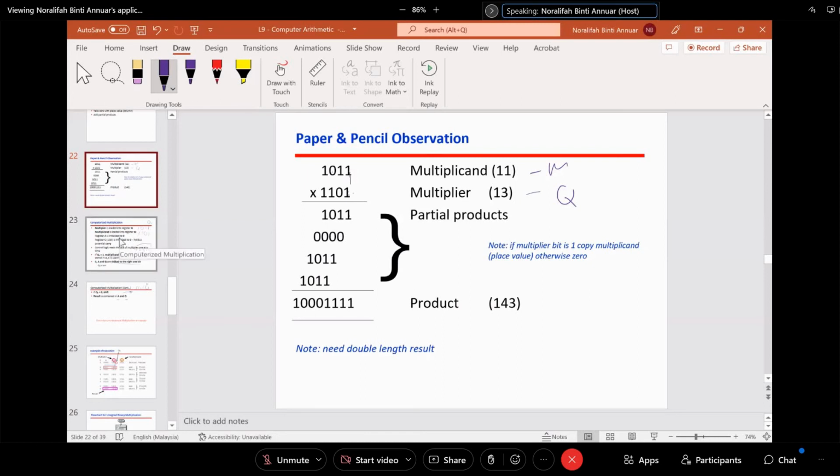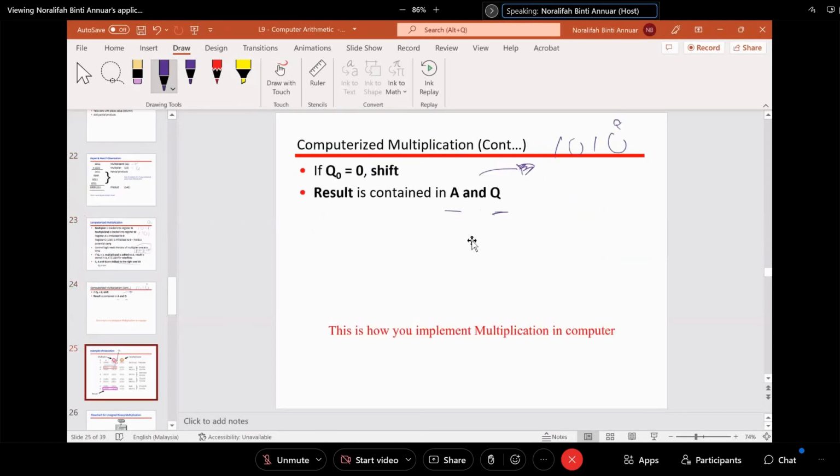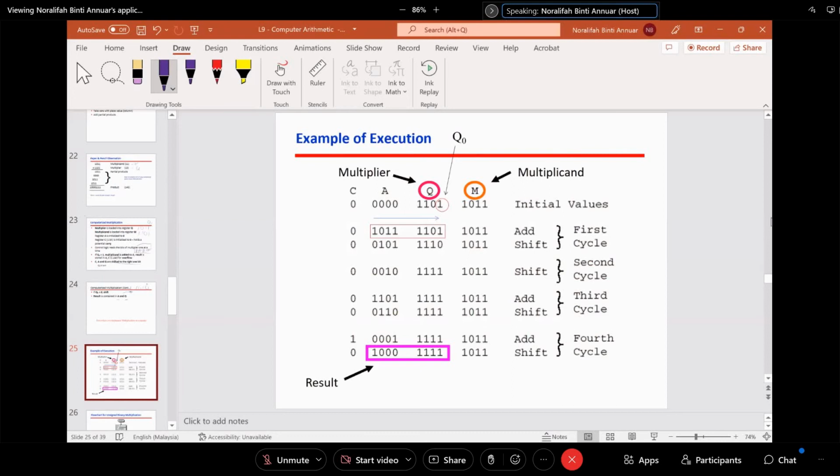This is the initial value for the registers, which you load into them. At first A is empty. We want to do 1011 multiplied by 1101, so we need the multiplicand and multiplier. You set A to 0, C to 0.